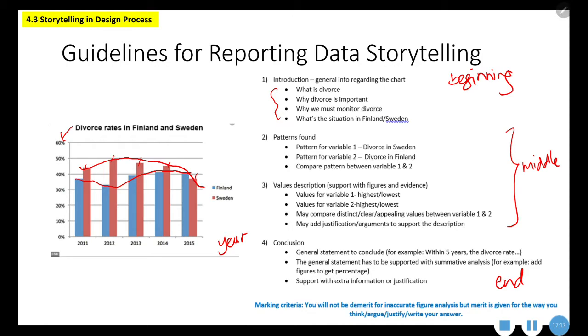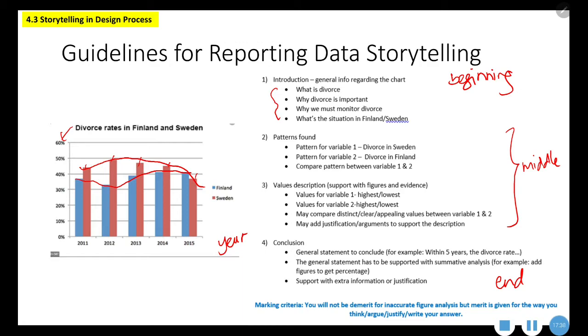For variable 2, you describe the highest percentage rate in Finland and the lowest percentage rate in Finland. Then you may compare the distinct or appealing values between variable 1 and variable 2, meaning between these two countries.